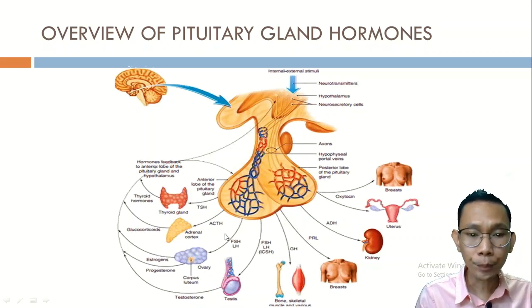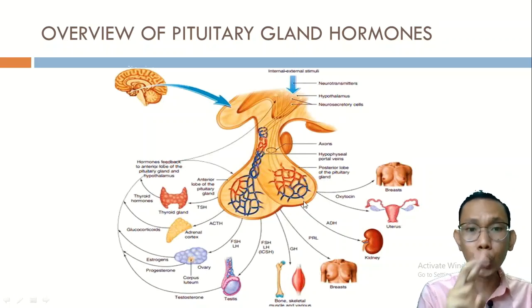We have your FSH and LH, your follicle stimulating hormone and your luteinizing hormone, which will have effects on your ovary and your testes. Now, we have your growth hormone, basically for growth and development of your skeletal system and bone. Now, your prolactin is for the breast, for milk secretion.